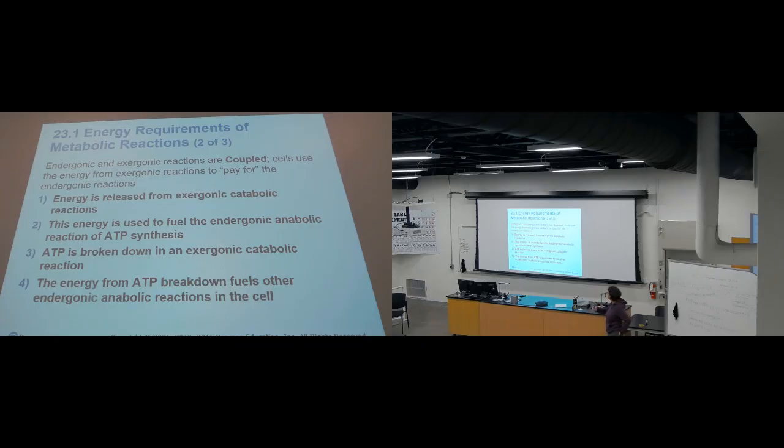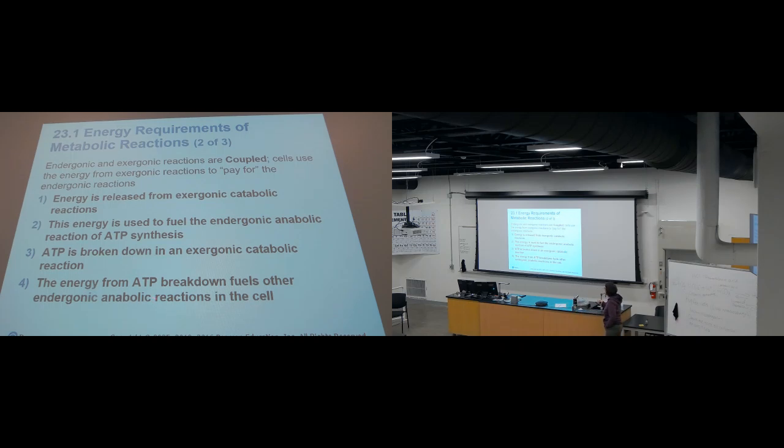So it's a cycle. And then that drives the synthesis of ATP, and then ATP is broken down to generate energy. So you start breaking down these links between the phosphate groups, starting from the last one away from the adenosine, and then you end up with adenosine diphosphate, and then you break that down to form adenosine monophosphate.